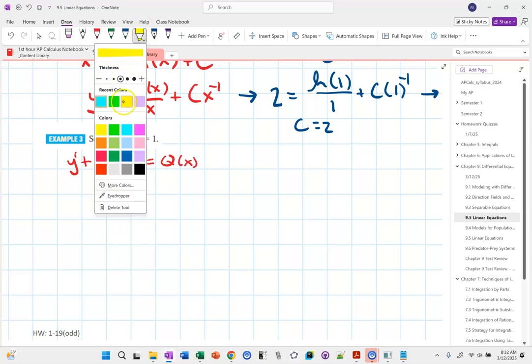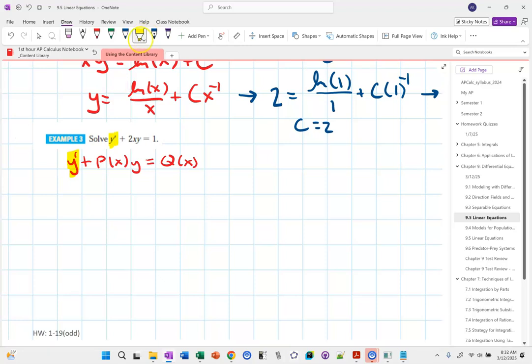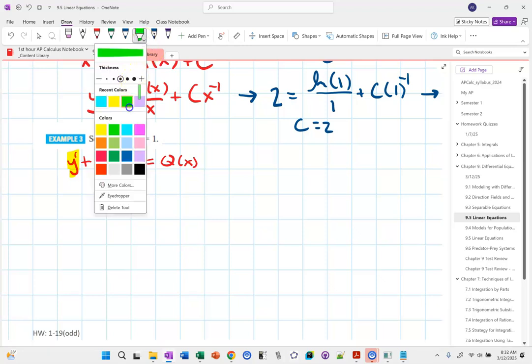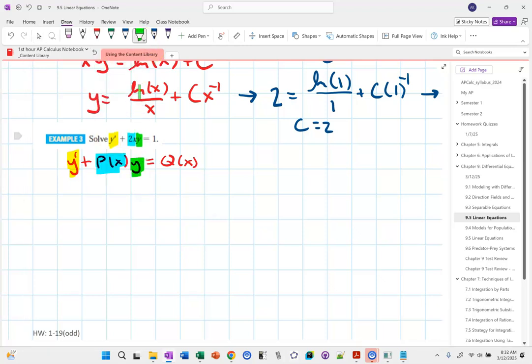So I noticed that, hey, this guy is already in my desired form. So I don't have to do any adjusting. So we'll just calculate our I of x. So I get e to the x squared.